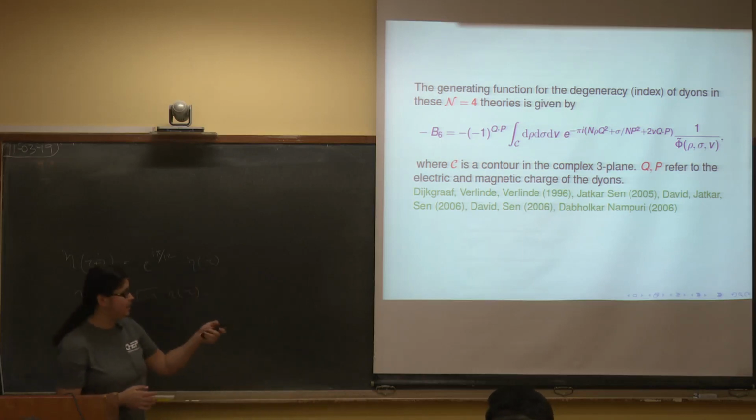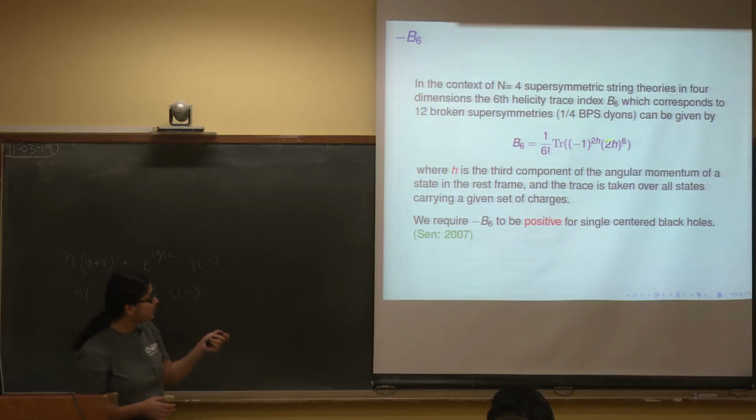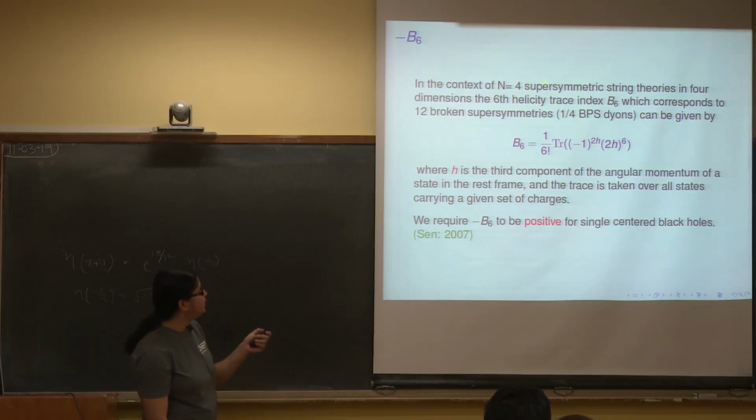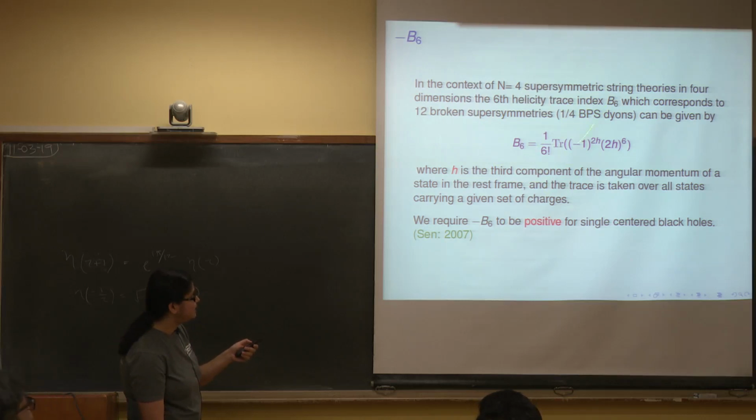There are basically 12 supersymmetries which are broken here, and you can compute the 6th helicity trace, which can be written like this, and this 2h, h is actually 1/4. So this B6 actually becomes an integer, and it's a trace, and the trace is over all the fermions carrying the same set of charges.